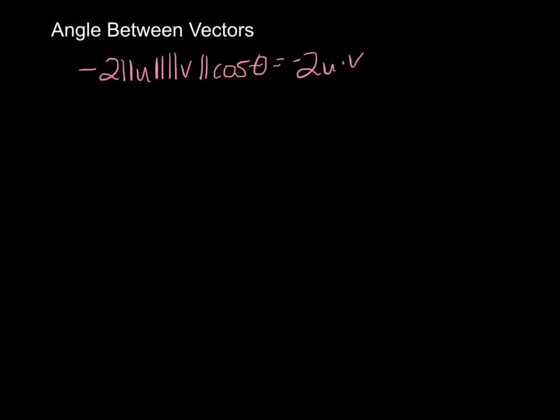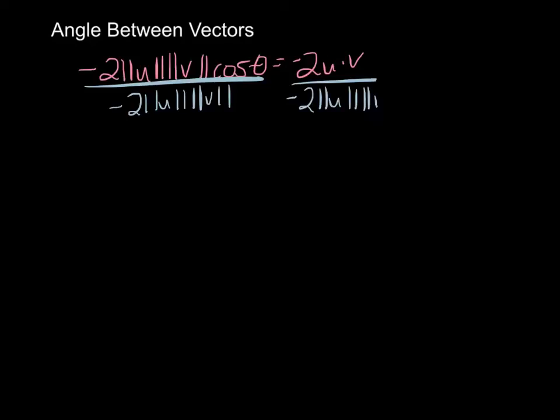Okay, I'm going to bring this on to another page. Okay, one more step. What I'm going to do with this is solve for cos theta. We're going to isolate cos theta by dividing both sides by this expression. And we end up with all of this canceling here. This is also gone.